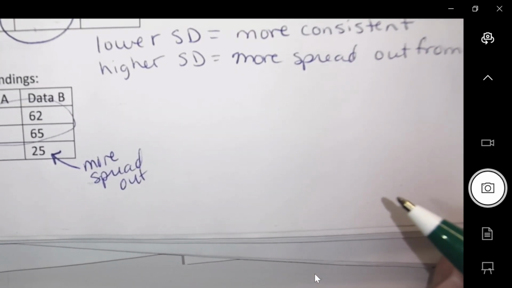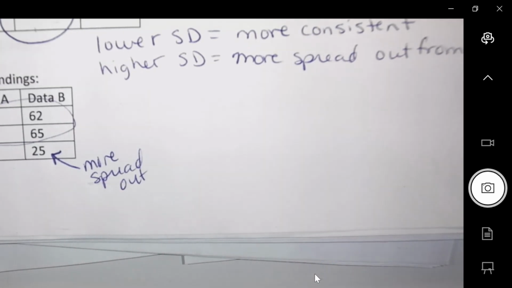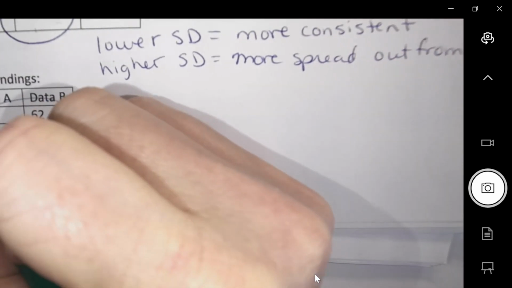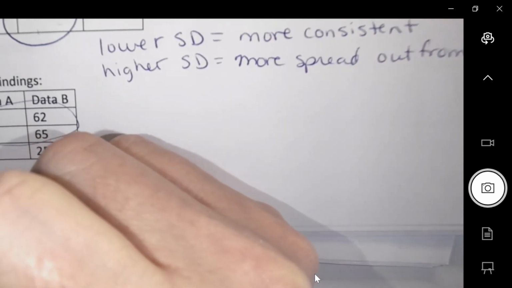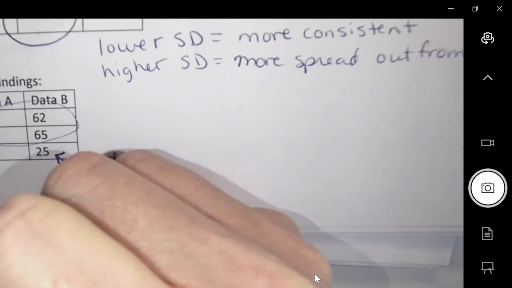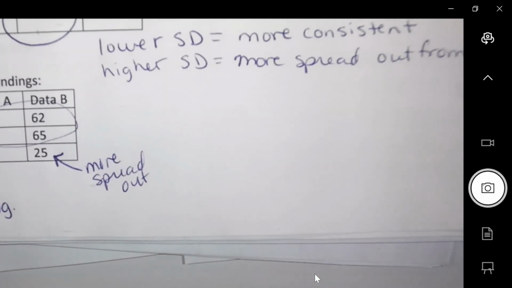Range also tells me that people are getting low and high marks compared to these people who are closer to the mean. They're getting closer to the average test score. These, I might have some kids that are failing and some kids that are getting 100%. That's what that would mean.